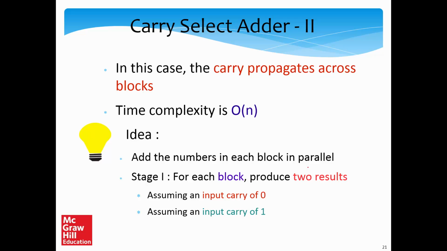The original aim was that from an order n time complexity, we want to move to an order of square root of n time complexity. So let's consider the structure of the addition. We have essentially divided the numbers into blocks of 4 bits.